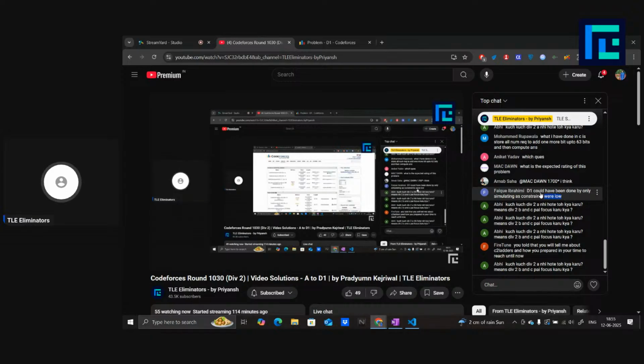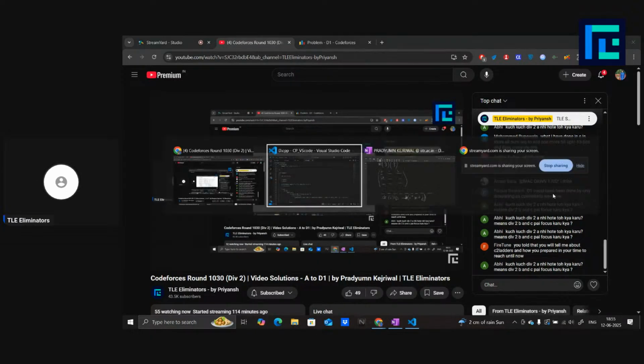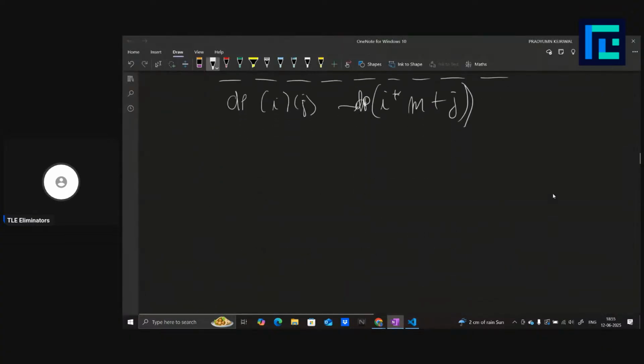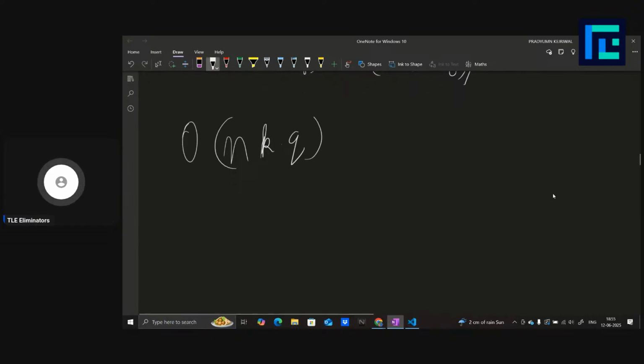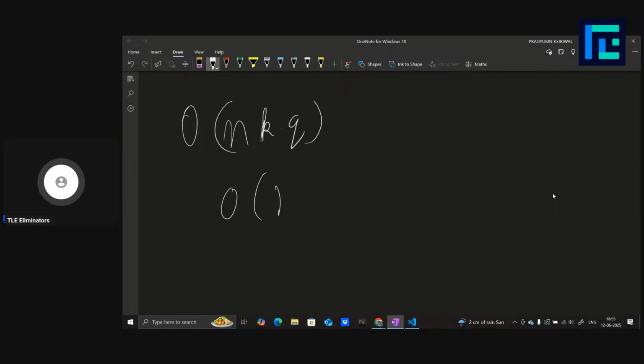But yeah, this is true. You could just simulate the entire process and solve it in O of n into k into q. But what I solved it in was O of n into k plus q, right?